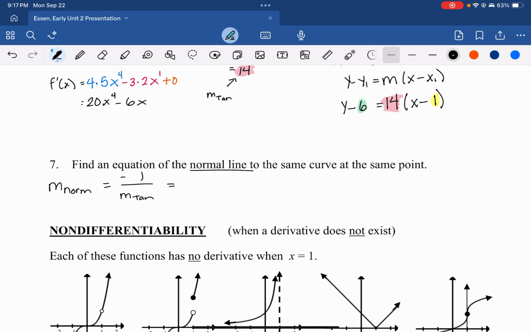For problem 6, our tangent slope was 14, so we get negative 1 over 14. That's my slope, so we plug it back into the equation: y minus 6 equals negative 1 over 14 times x minus 1.